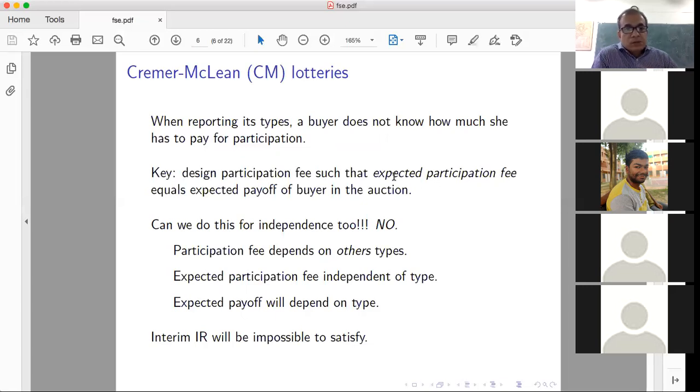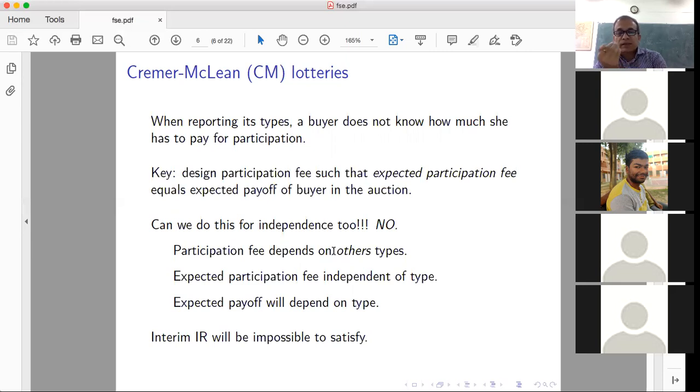Okay, so today's lecture, I'm going to tell you how Cremer-McLean go about doing it. So the first thing is, why can't we do this for independence? The main idea here is that we cannot do this for independence because of these three points. First, the participation fee can only depend on others' types.